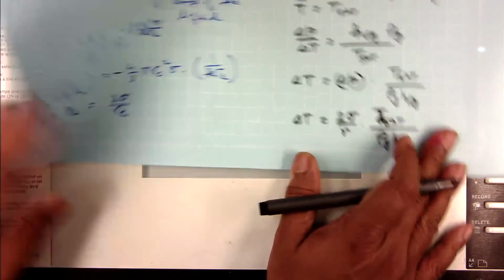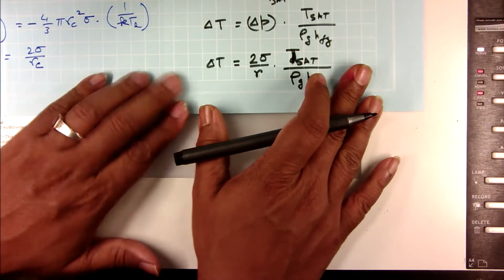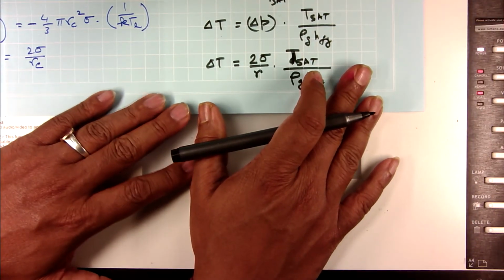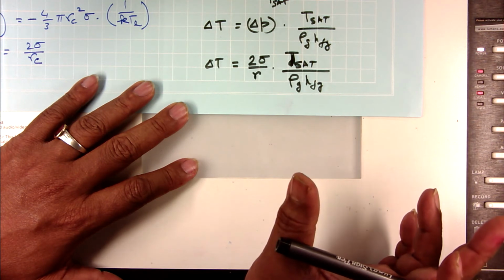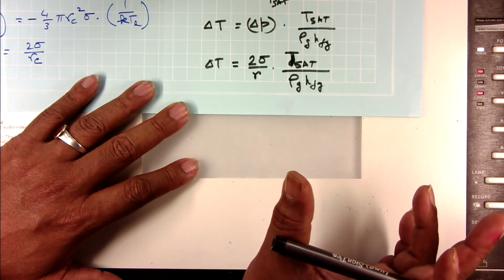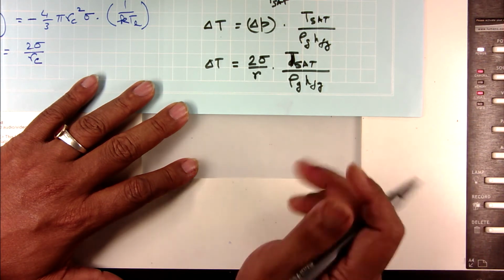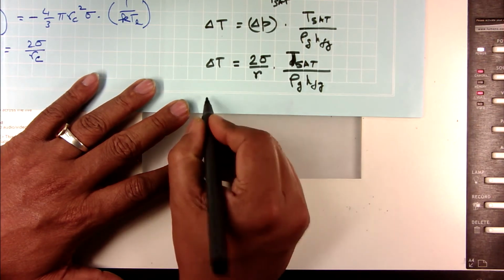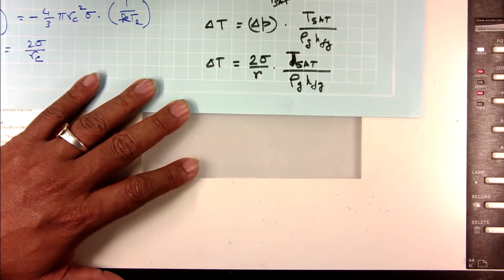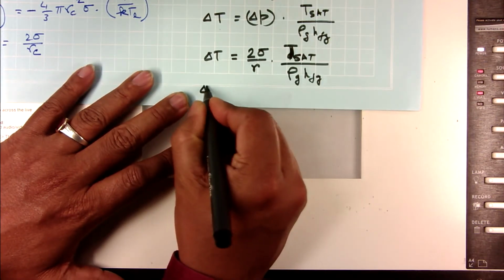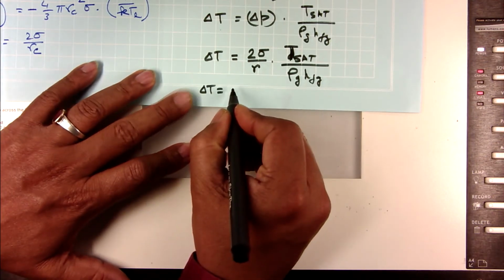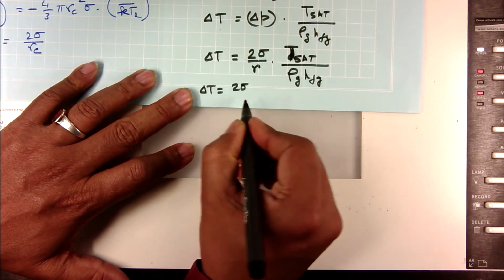So, what that tells you is the bubble that will nucleate on the surface of a heater depends on the temperature excess in the heater, okay. So, in other words, your delta T is equal to 2 sigma by R, well I already wrote it down.